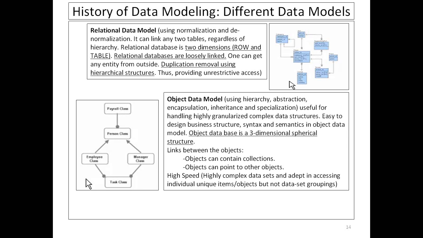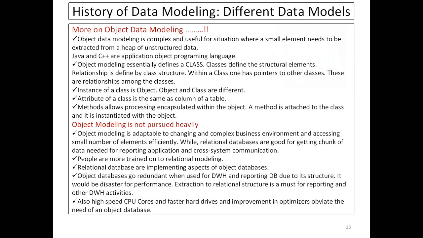As a result, they couldn't pick up well in the market. Also, the relational data model was introduced first and the skill was readily available. However, for object data models, the skills were rare and it was not received well in the market.